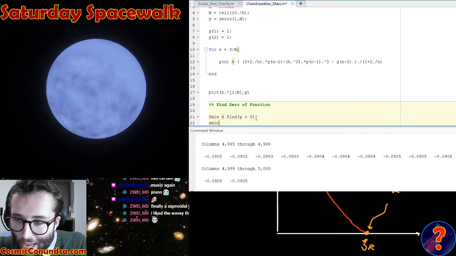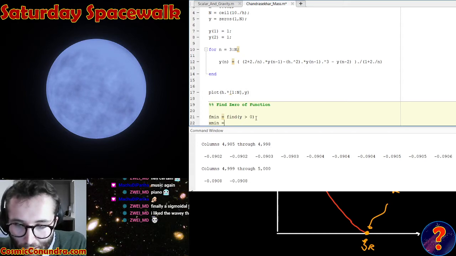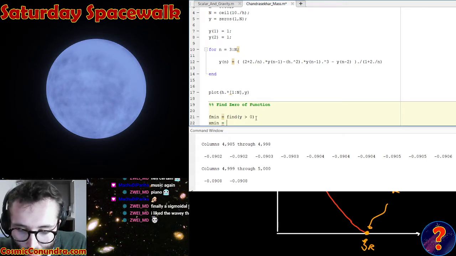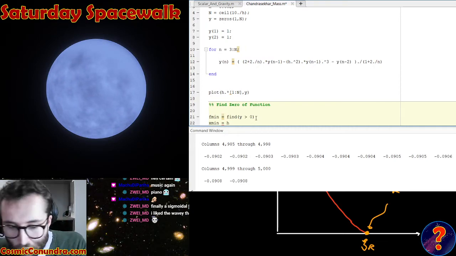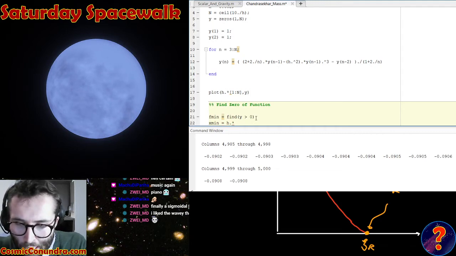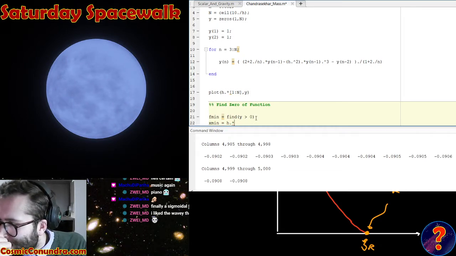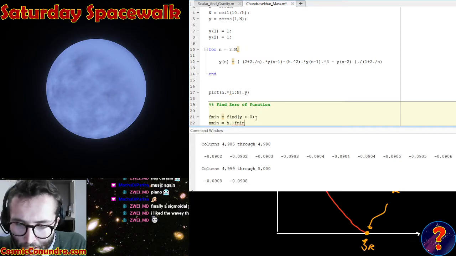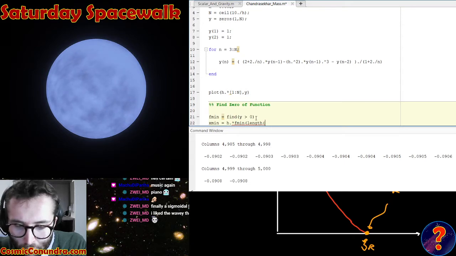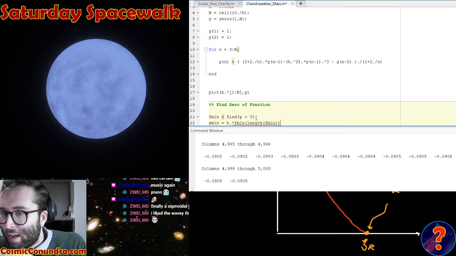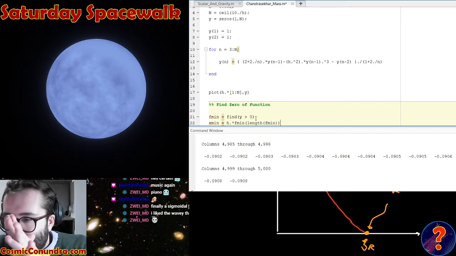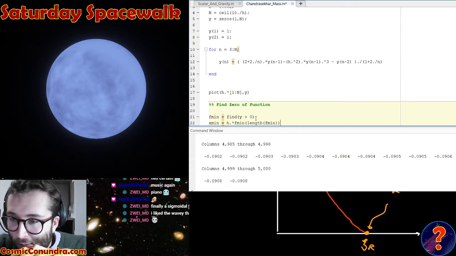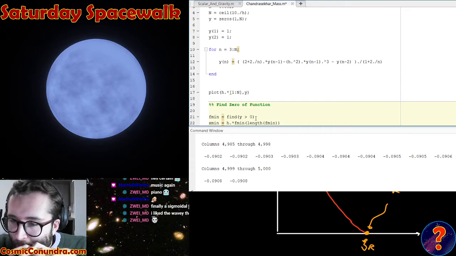And then this value x min, the point that corresponds to that matrix element, will be h times the final value of f min.